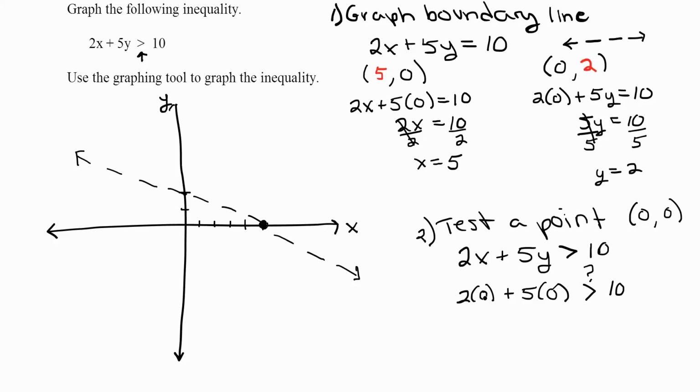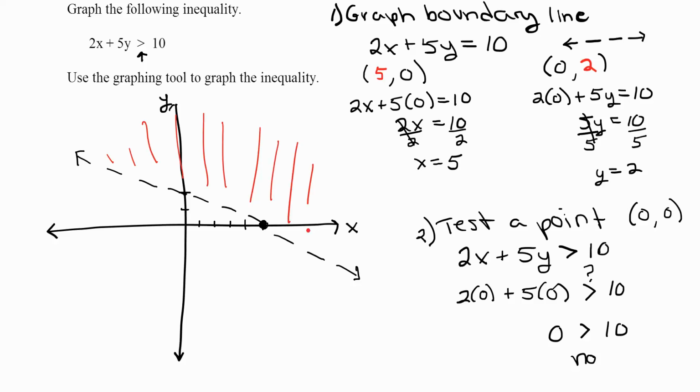Well, 2 times 0 is 0, 5 times 0 is 0, 0 plus 0 is 0. So is 0 greater than 10? No. So the point (0, 0) is not part of our solution set because it doesn't make this inequality a true statement. Therefore, all the points on the opposite side must be the solutions to this inequality.